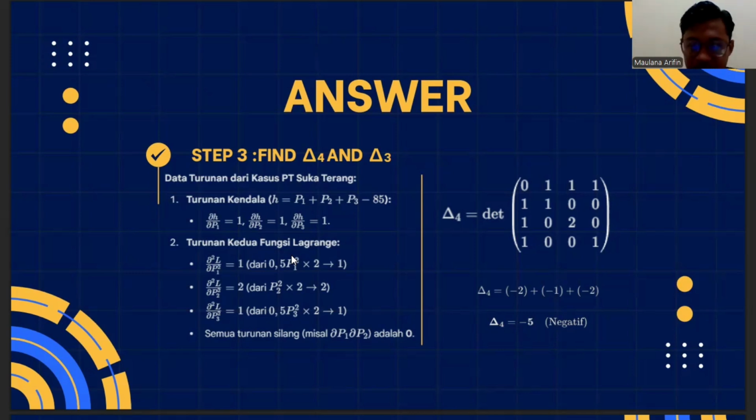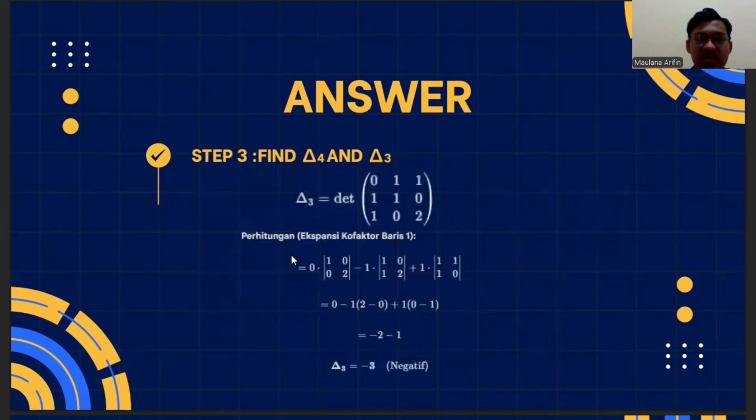And next, we find the determinant of matrix 3 with the matrix 0, 1, 1, 1, 1, 0, 1, 0, 2. So we got 0 minus 1 times (2 minus 2) plus 1 times (0 minus 1), so we got minus 2 minus 1. So the determinant of the 3 by 3 matrix is negative 3.